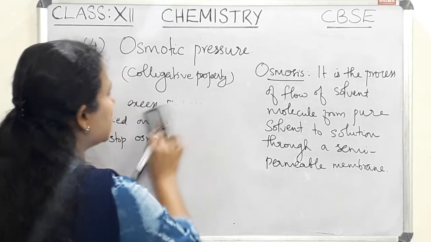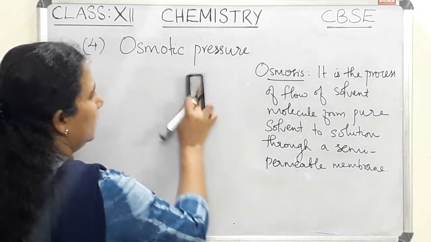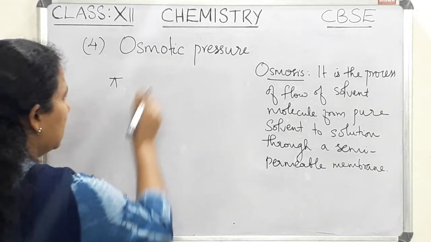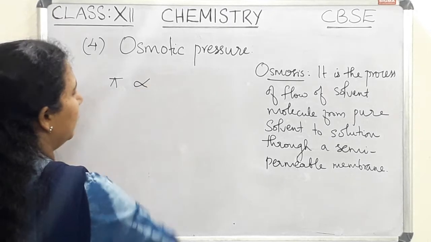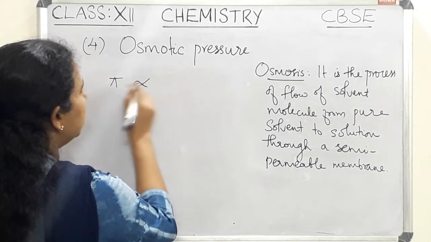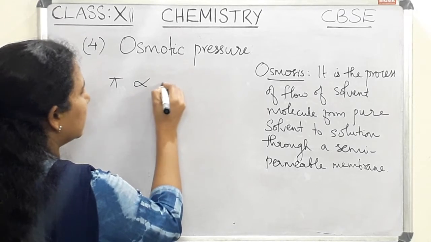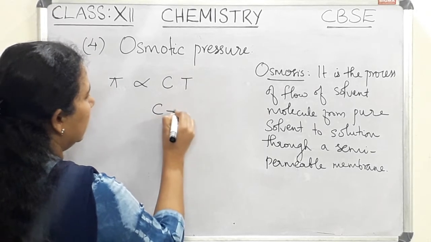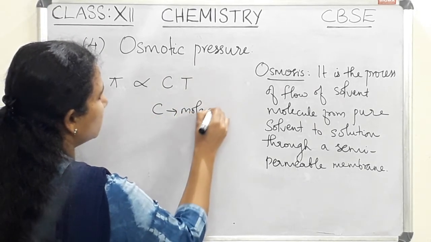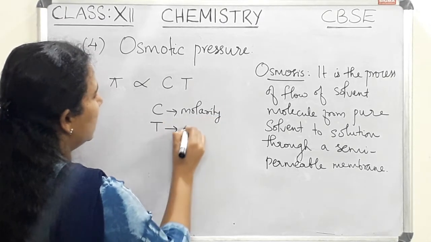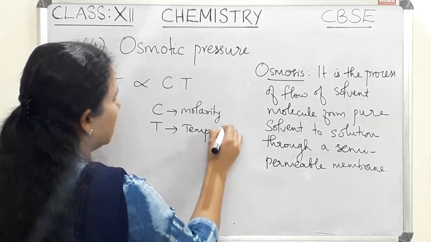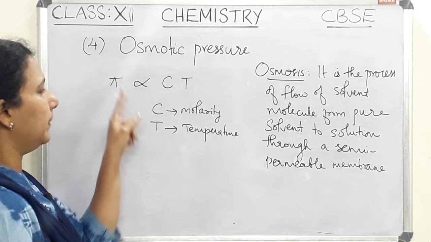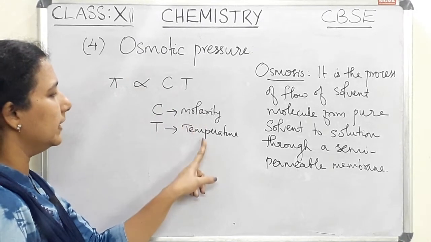Osmotic pressure is denoted by pi. By experiments it is seen that for a dilute solution, pi is directly proportional to C and T, where C is molarity and T is temperature.